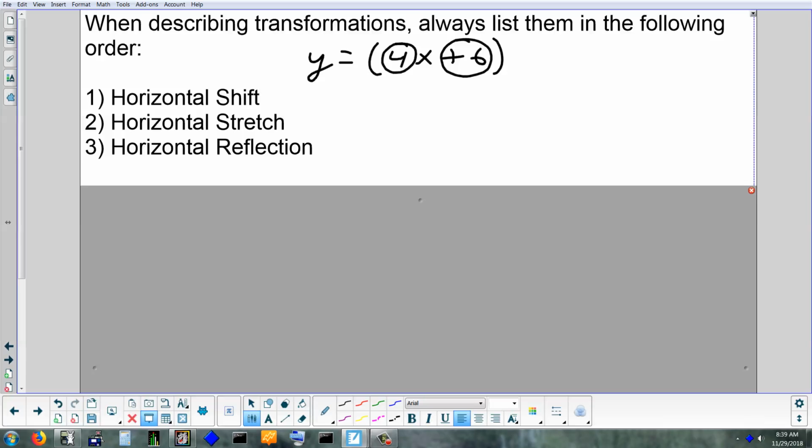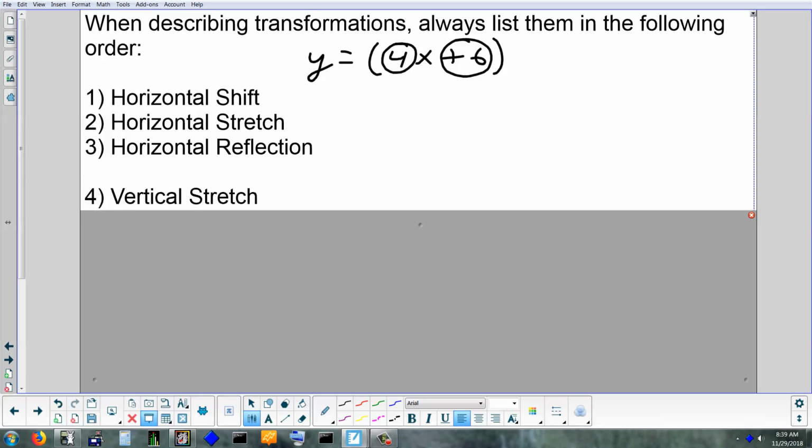The next thing you do is you list all your verticals, but they have to be in a certain order. You start with a vertical stretch, if you have it. This problem doesn't have it. Vertical is when you have stuff outside the parentheses. There's nothing outside the parentheses in this problem. Everything is inside. So there is no vertical stuff in this problem at all.